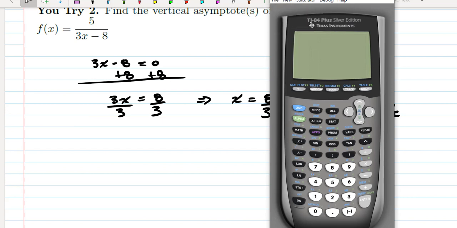If we grab our graphing device and we graph this, we would have 5 over 3x minus 8, and we get something that looks like this.